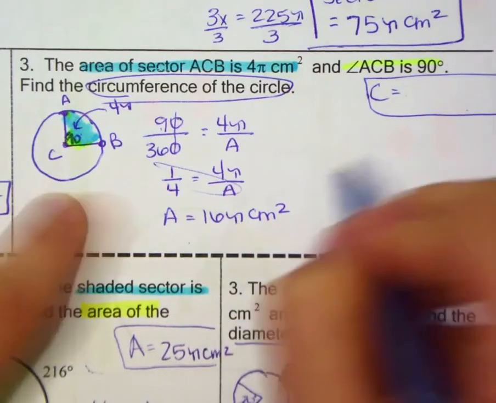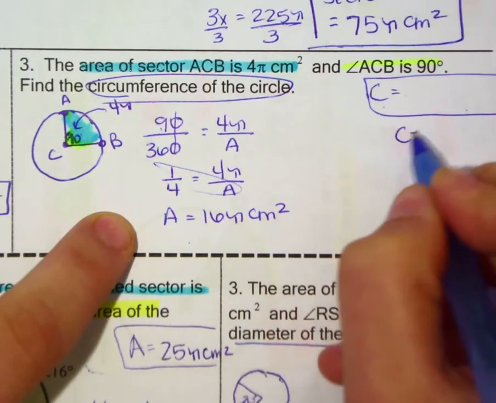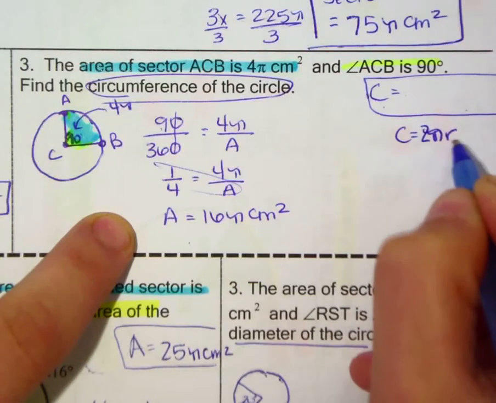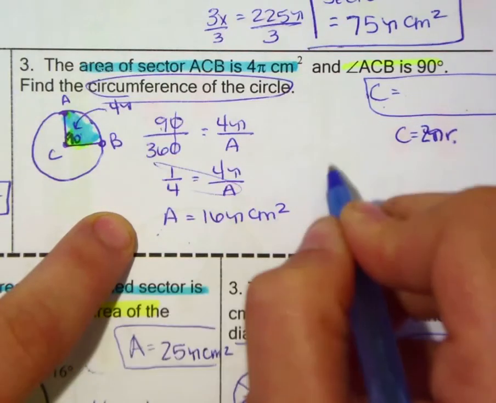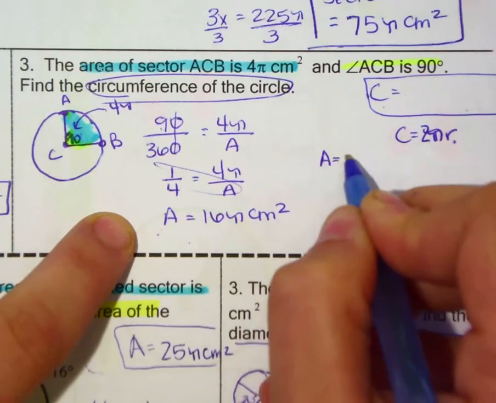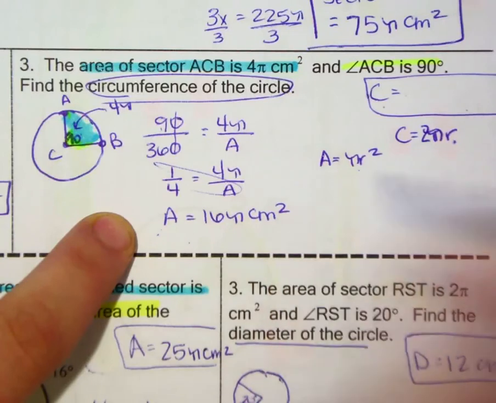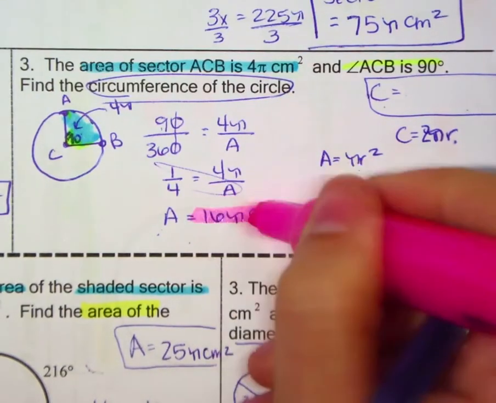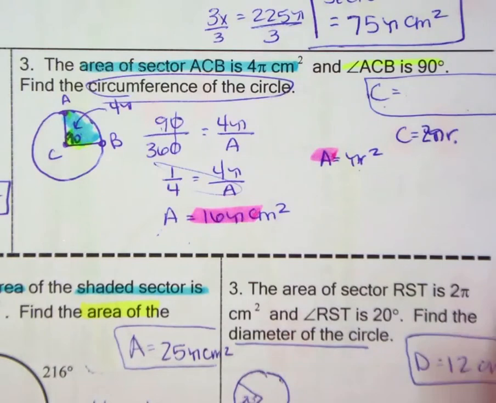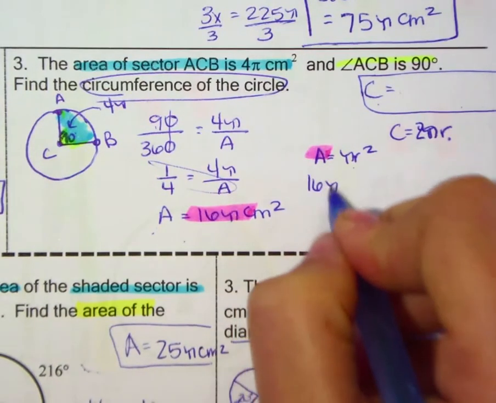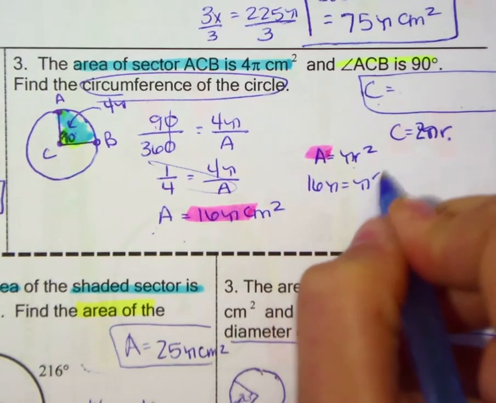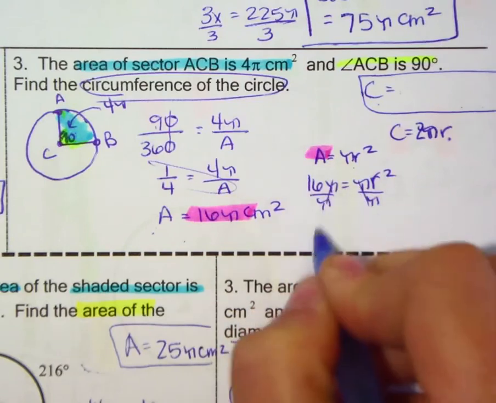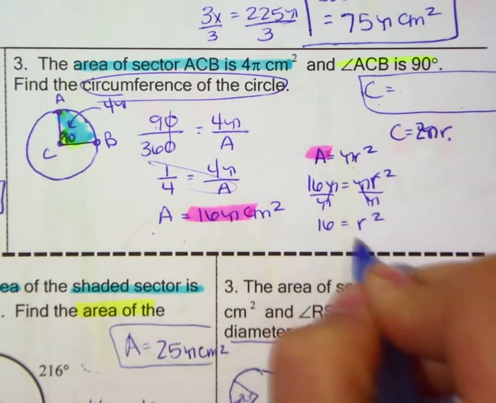In order to find the circumference, we need 2 pi times r. So we need the radius. We know the area is 16 pi, and it's equal to pi r squared. So we're going to substitute 16 pi in for A. 16 pi equals pi r squared. Divide both sides by pi. 16 equals r squared.